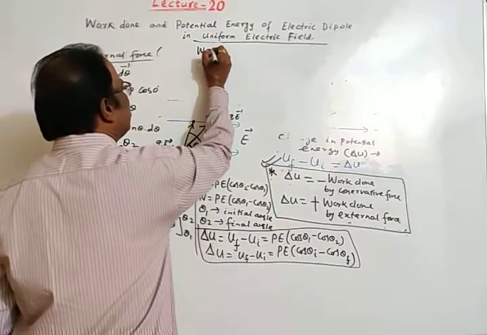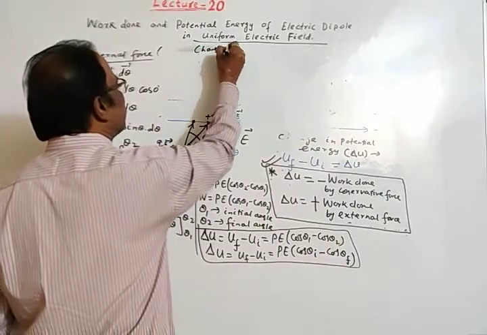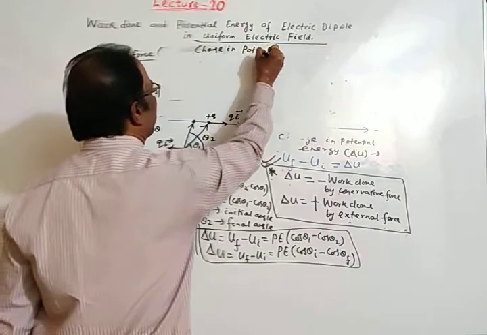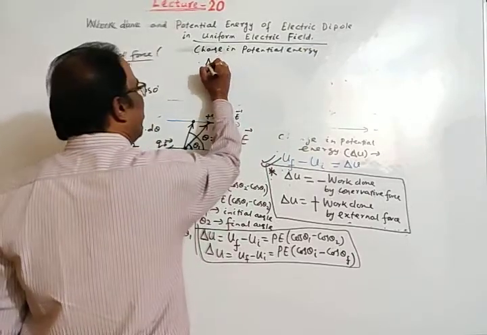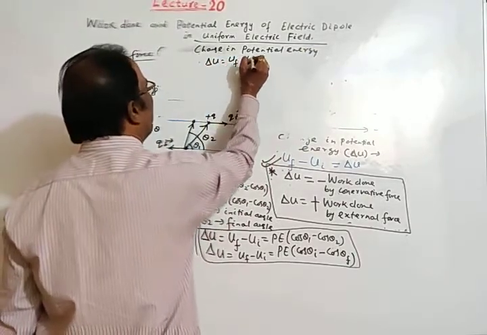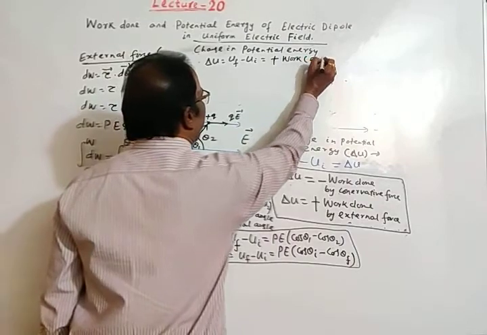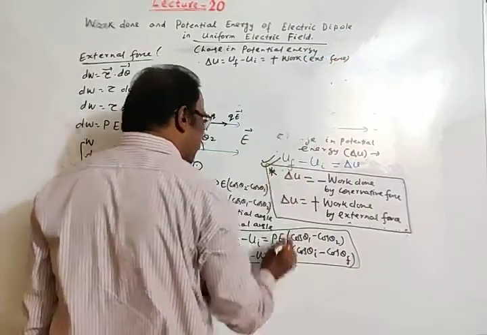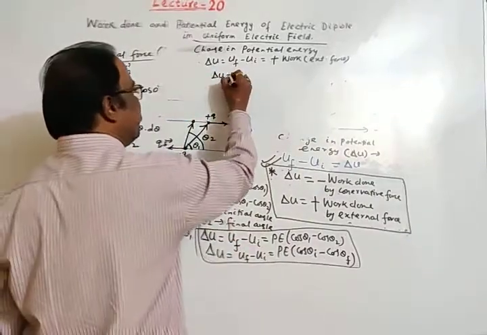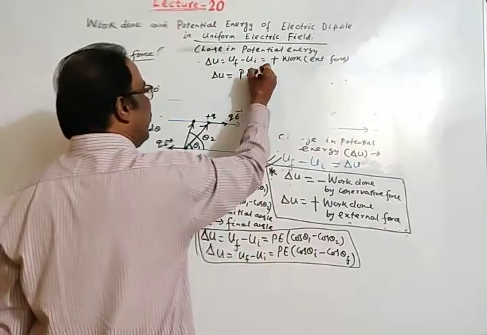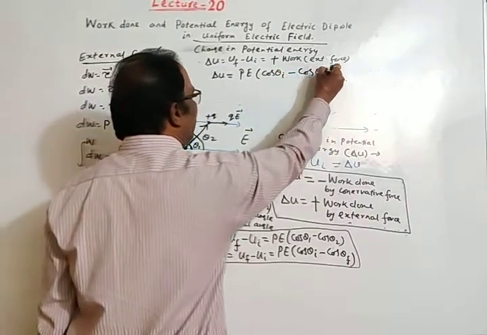Work is equal to, sorry, change in potential energy, delta U, that's equals to U final minus U initial, is equal to positive work by external force what we have calculated, and that's equals to delta U is equal to what we have got, that is equals to PE into cos theta initial minus cos theta final.